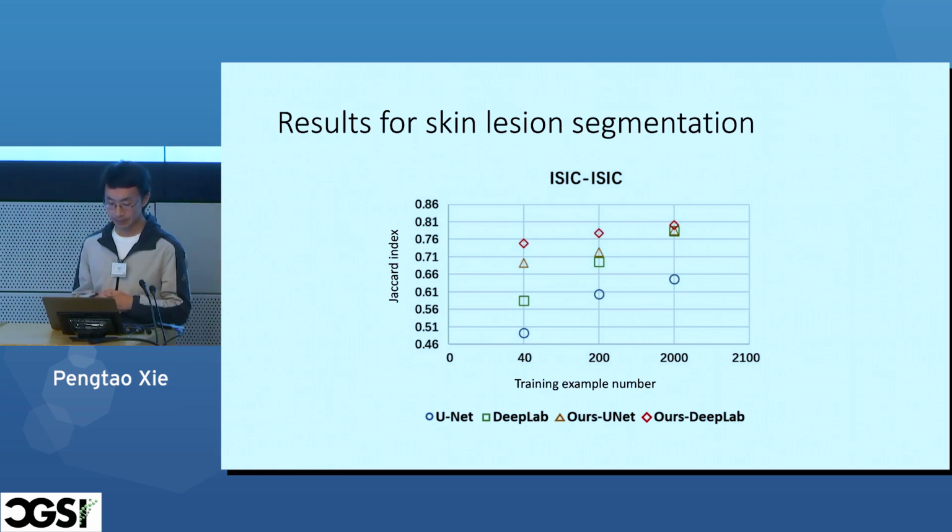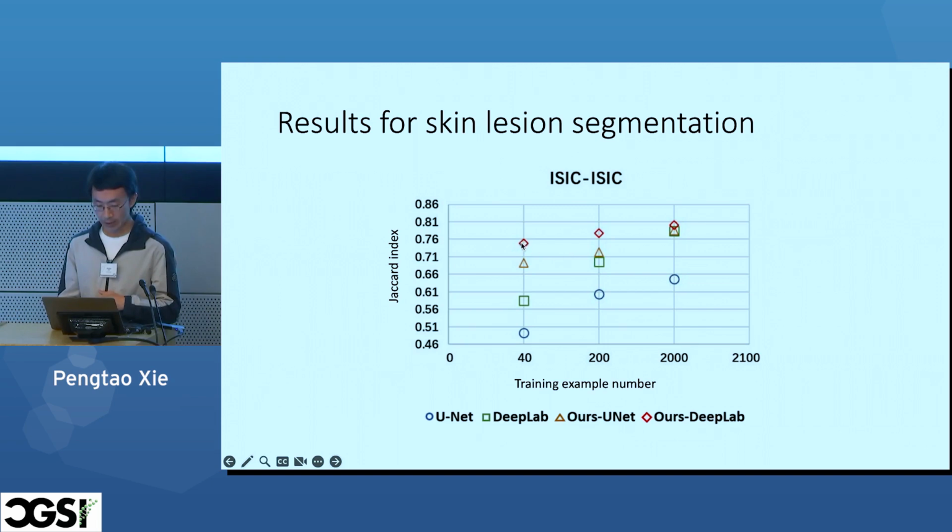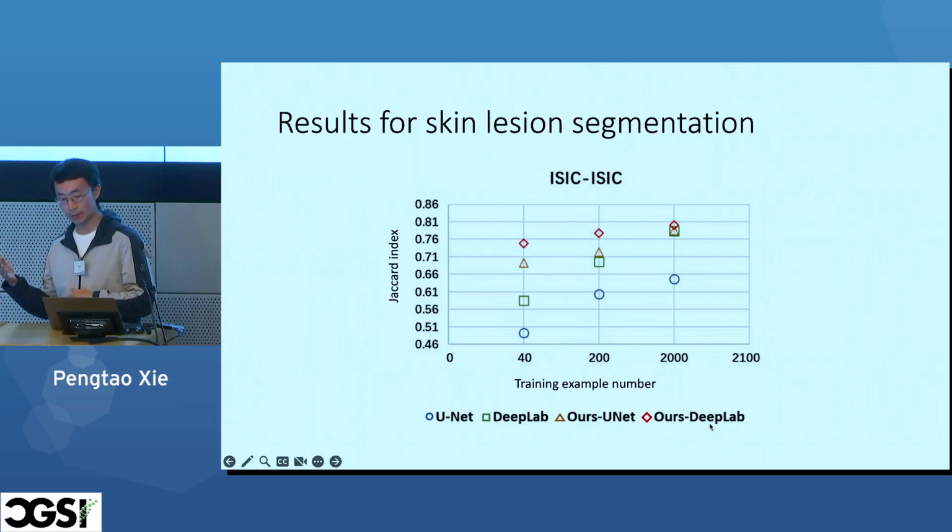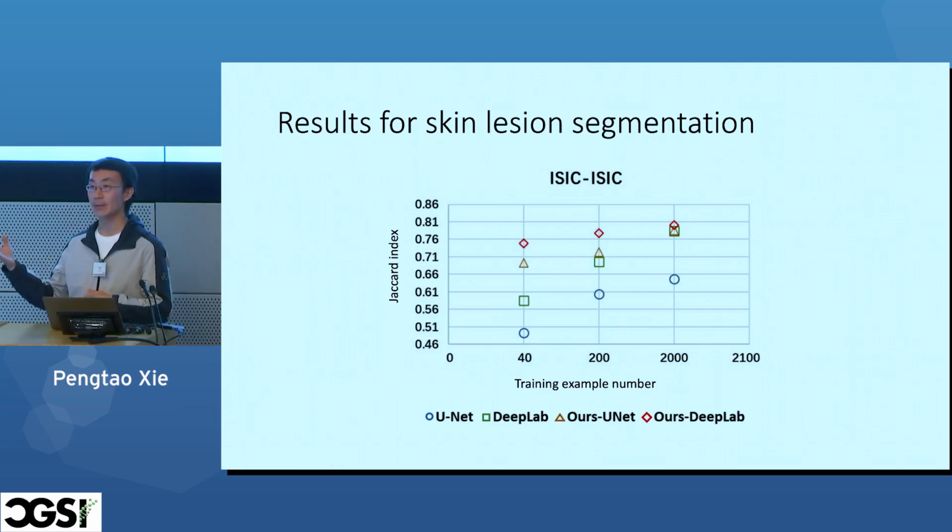The higher, the better. The dots are different methods. Let's compare these two. This red diamond is our DeepLab, which means we plug DeepLab in as W into our framework. And this green box is the vanilla DeepLab, trained without using our framework.